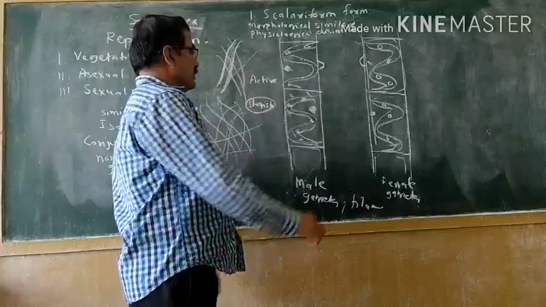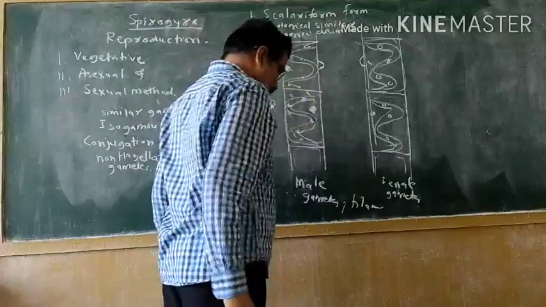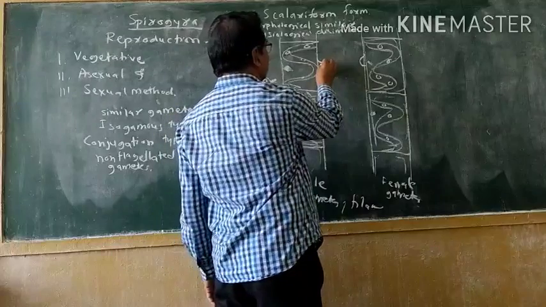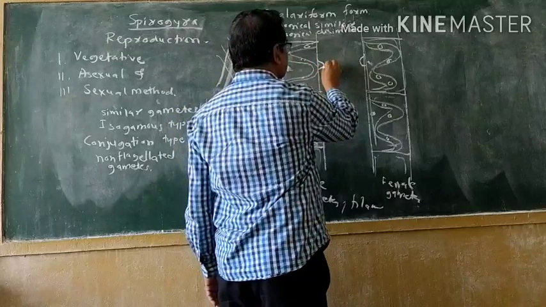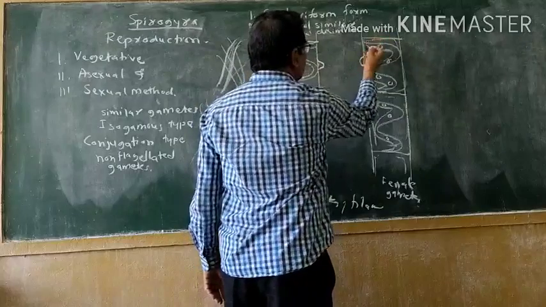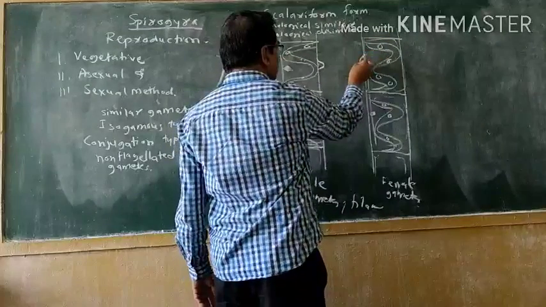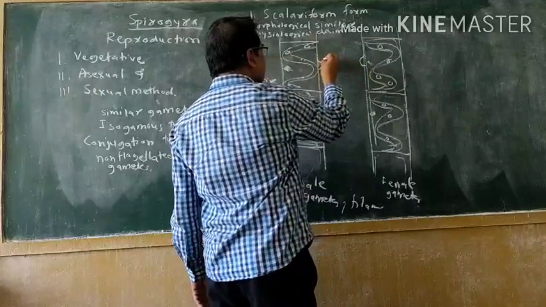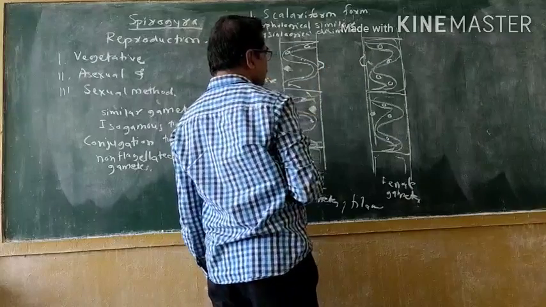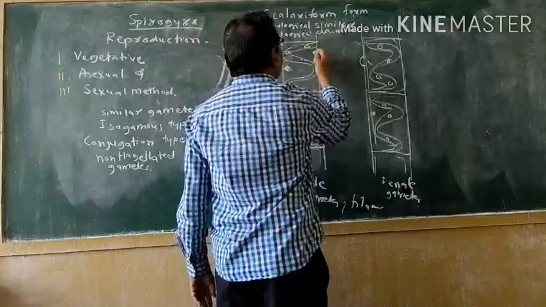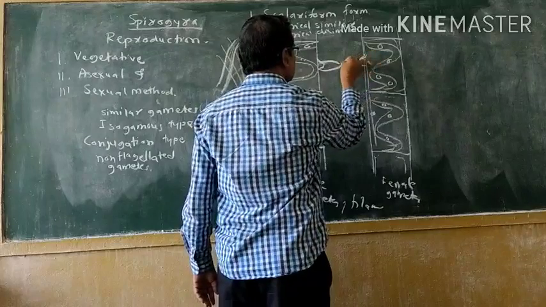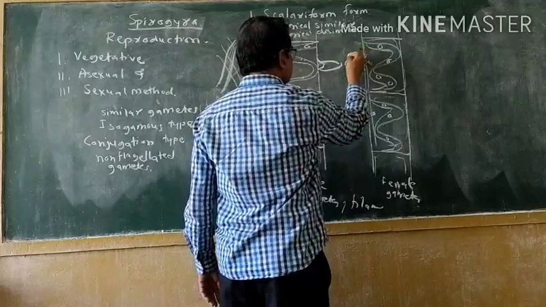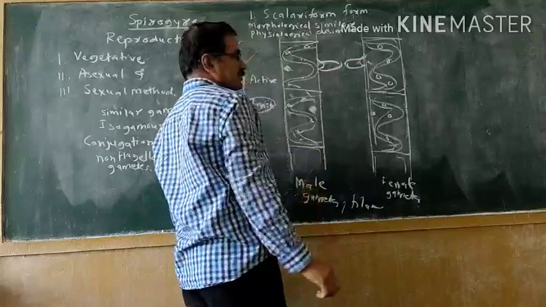The active male gamete comes forward first and protrudes outside. At that time, the female gamete also protrudes outside. As they protrude, the structures go on extending towards each other.